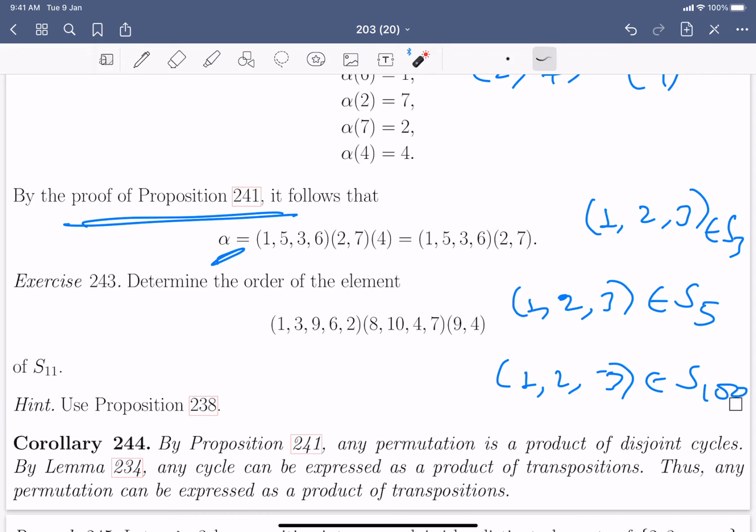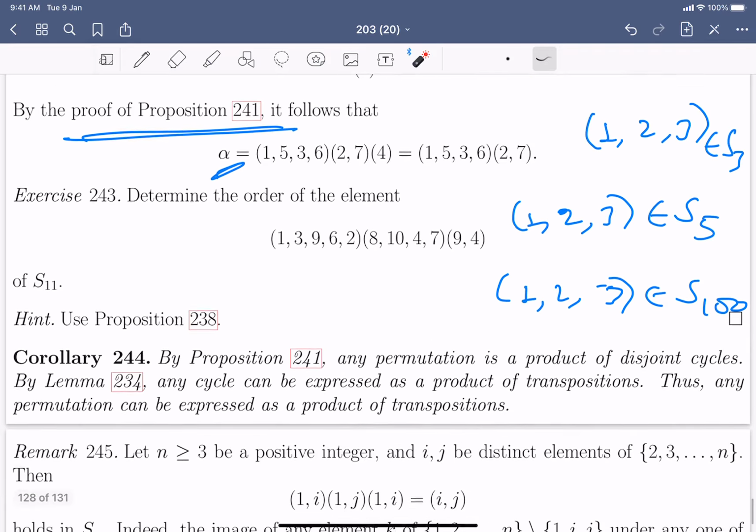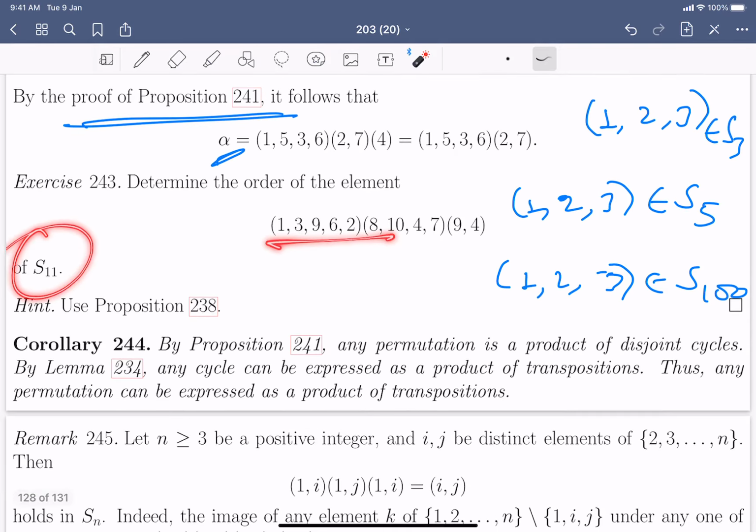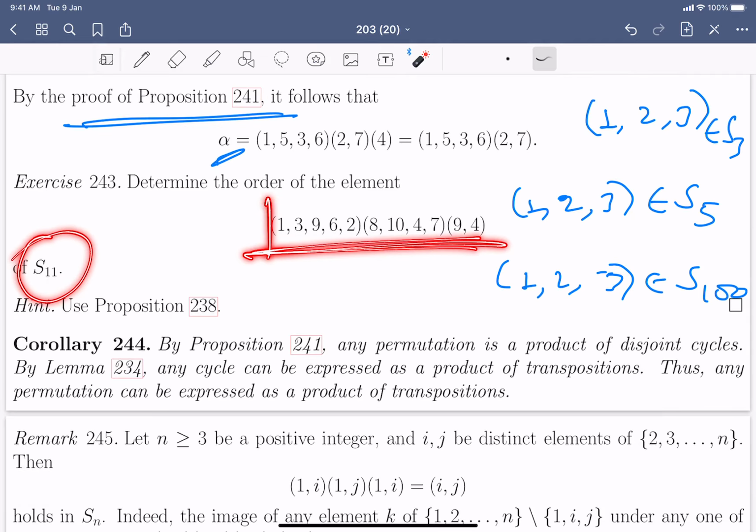Unless we specify the group, it is not clear what a cycle written in this form denotes. Here you have specified it, so that is something necessary to do. I'm just trying to highlight that. So inside the group S11, we will try to determine the order of this permutation. This is left as an exercise.